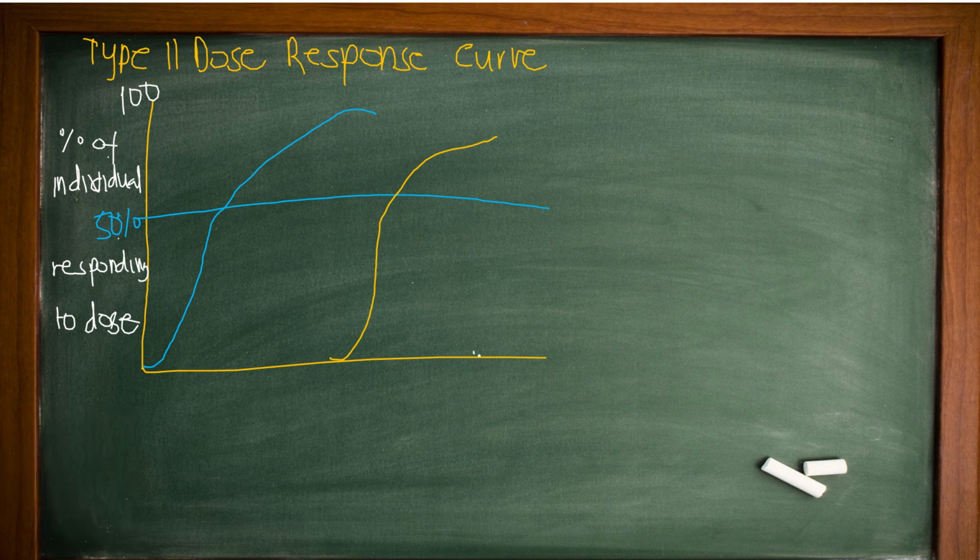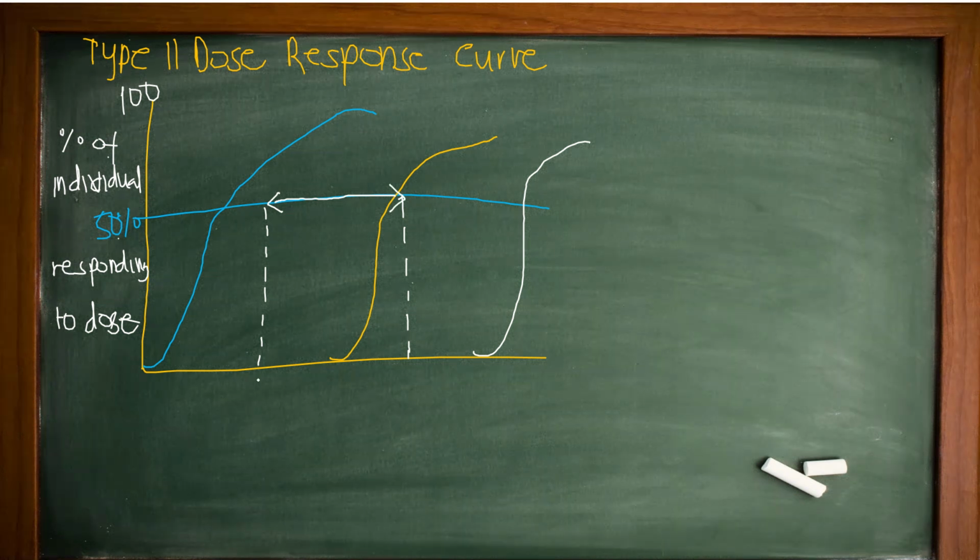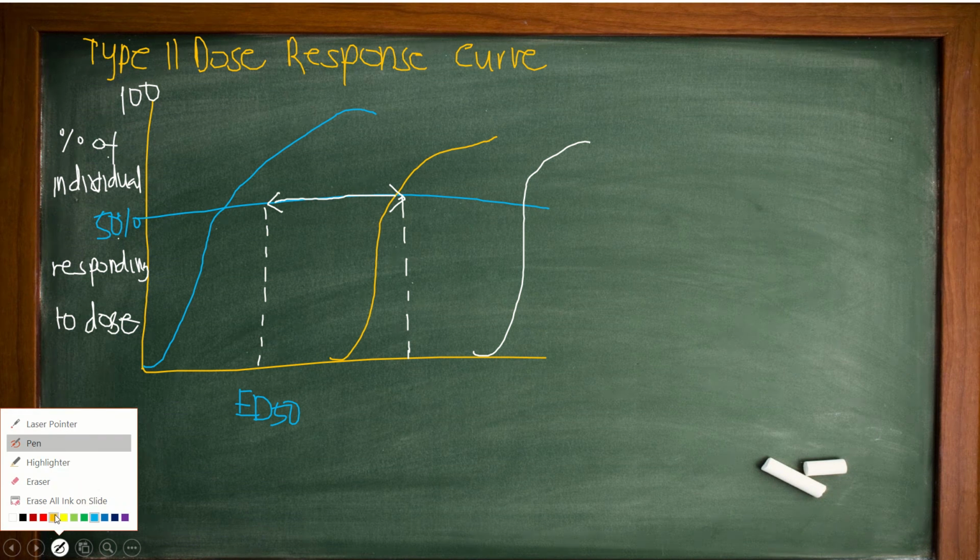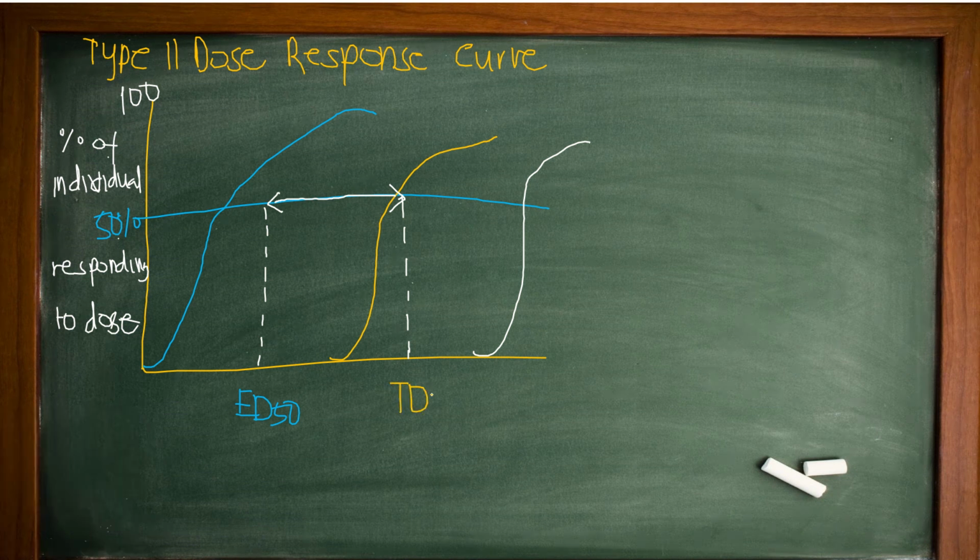So, between that particular line, so this is your ED50, and yung kulay yellow, class, that is your TD50, the toxic drug dose na tinatawag natin.